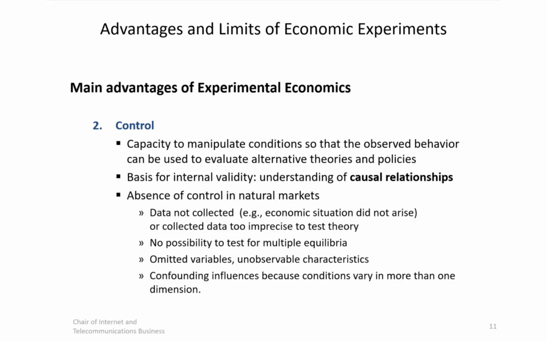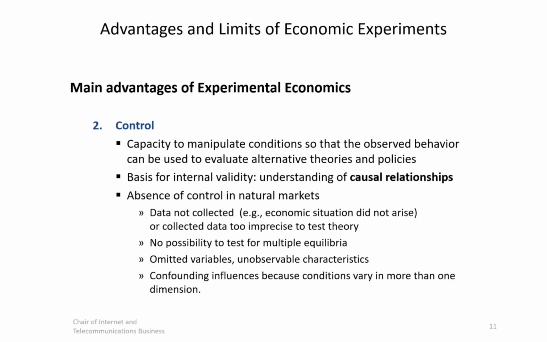Next, we continue to go through the main advantages of experimental economics. Next, the importance is control. You have the capacity to manipulate conditions so that the observed behavior can be used to evaluate alternative theories and policies. And it allows for a nice basis for internal validity and understanding of causal relationships.